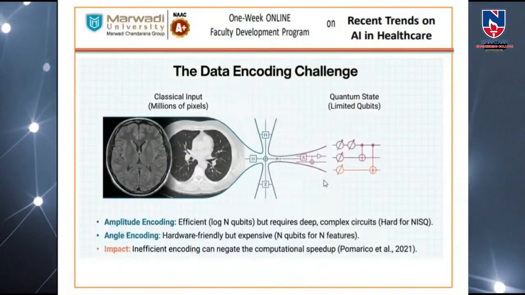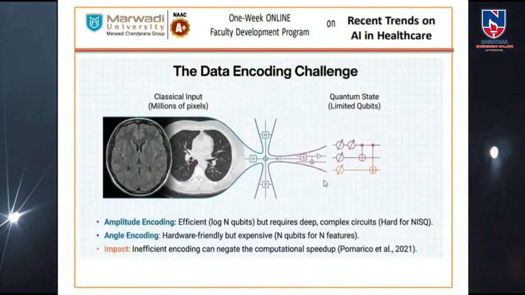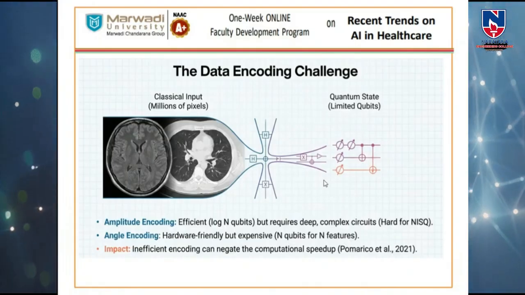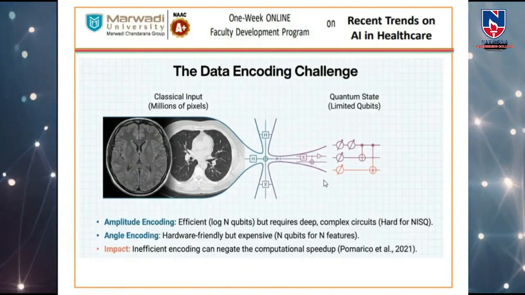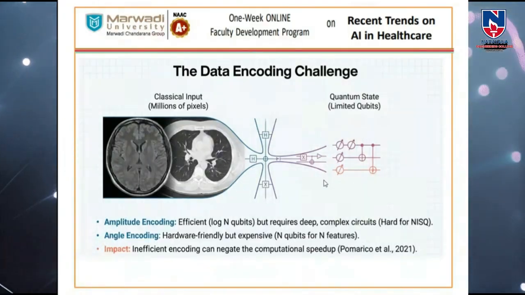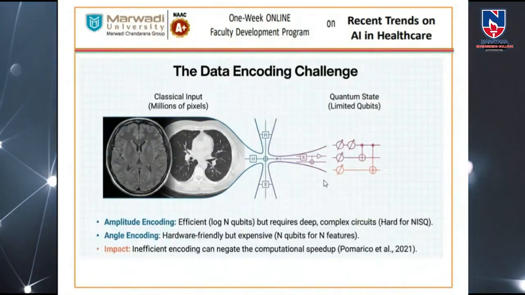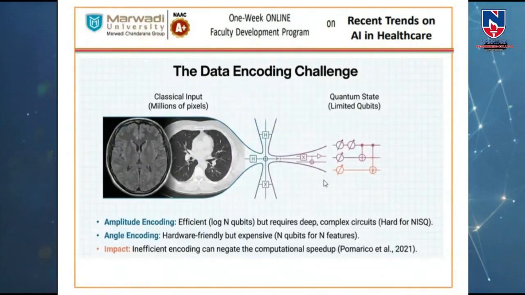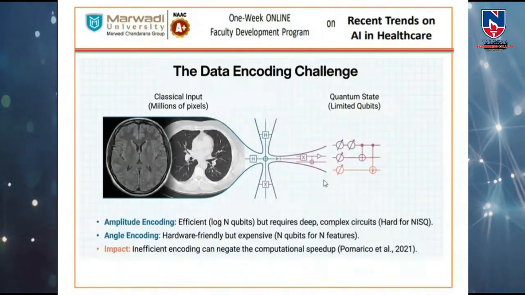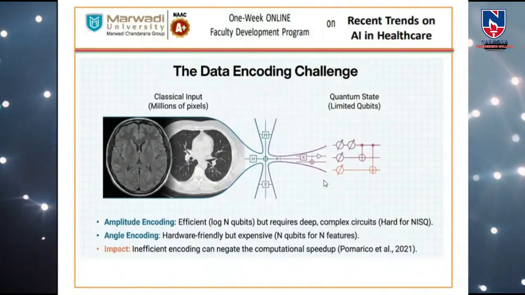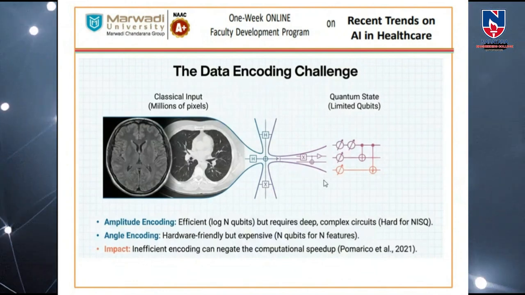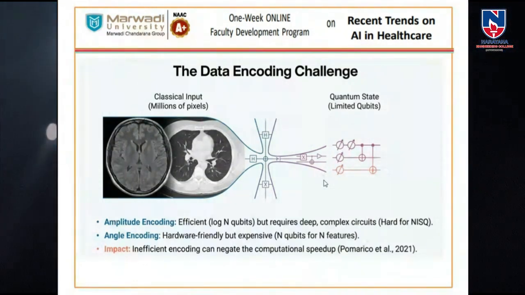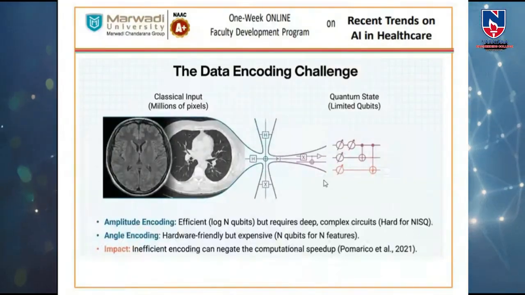This is also one of the challenges, and a key one, as I mentioned: encoding data into quantum states. Let's take a classical input, say an image containing millions of pixels, where we would use a classical mechanism like CNN or ResNet to extract the features.